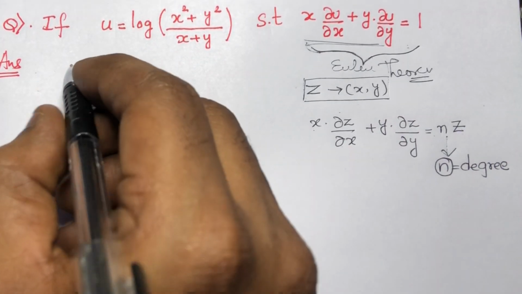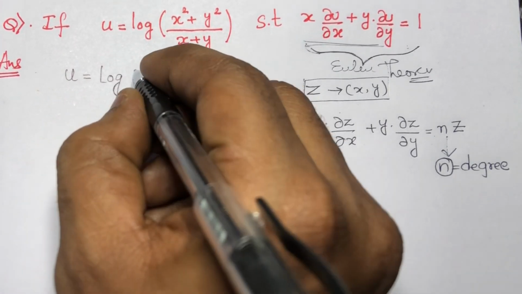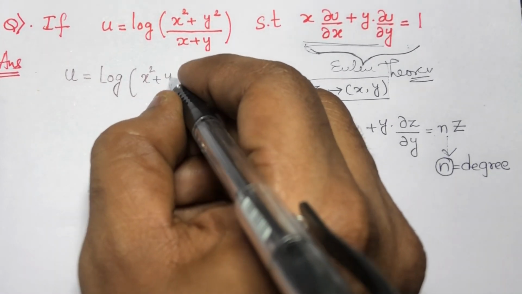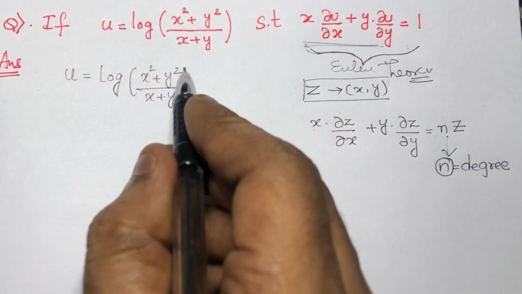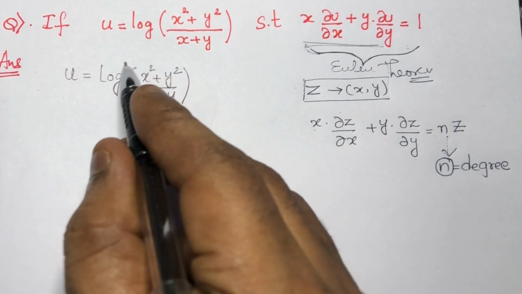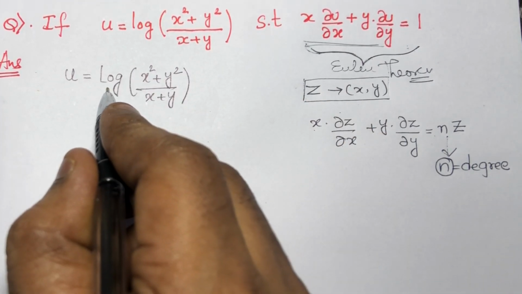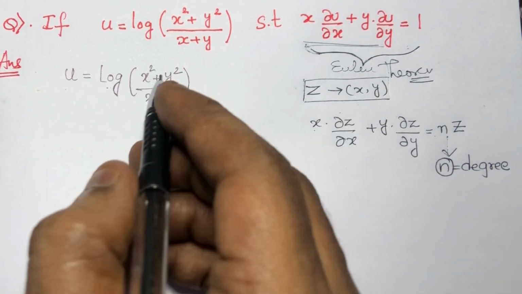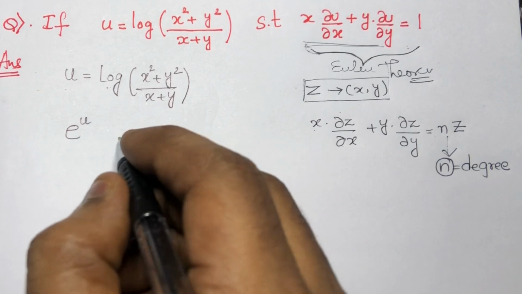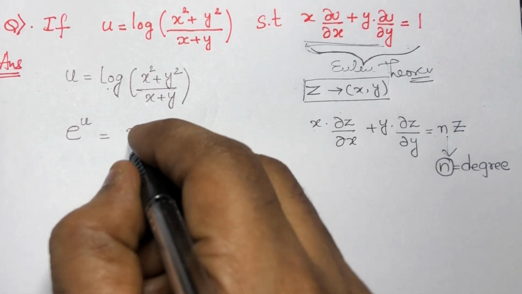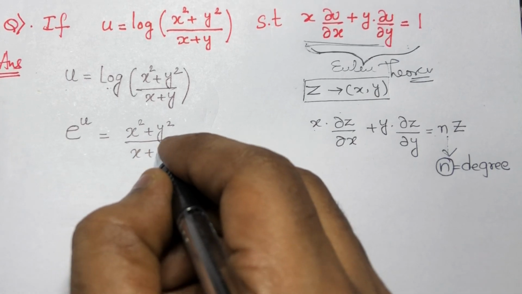So here, given u is equal to log of (x square plus y square) by (x plus y). See, my right side part must be in terms of x and y. I have log, so if you send log to this side, it will become e power u, which is equal to (x square plus y square) by (x plus y).